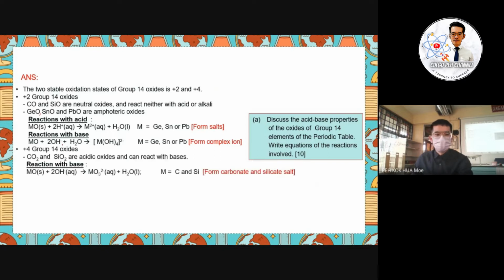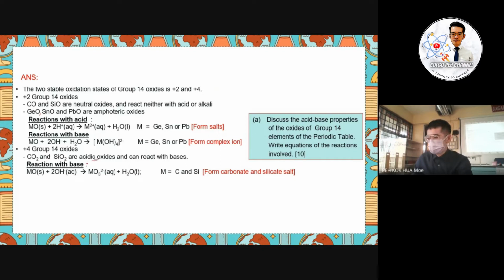For the +4 oxidation state of group 14, you have to mention that carbon dioxide and silicon dioxide will react with the base because they are acidic.